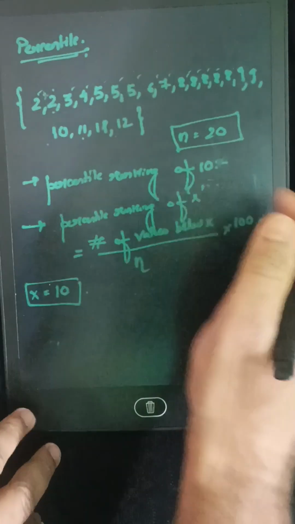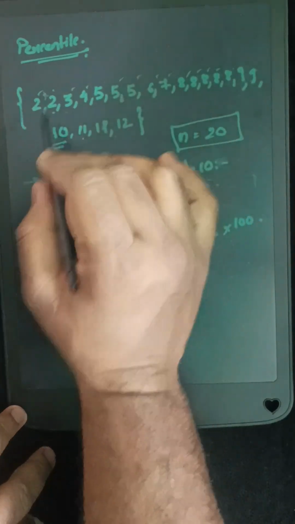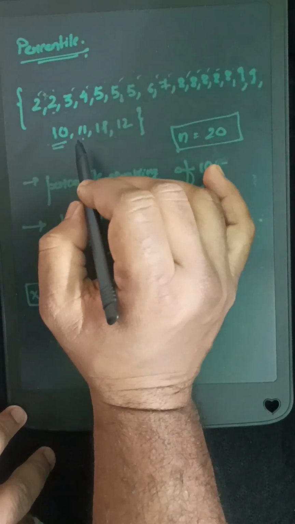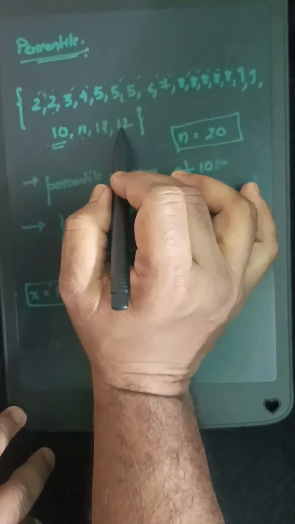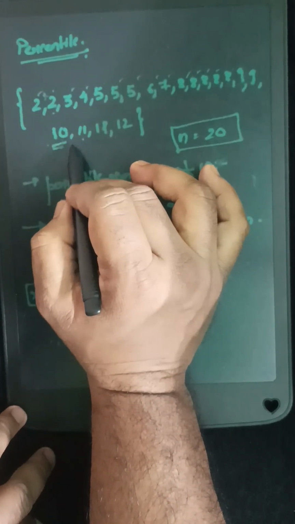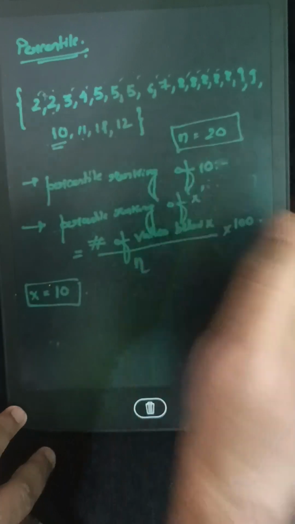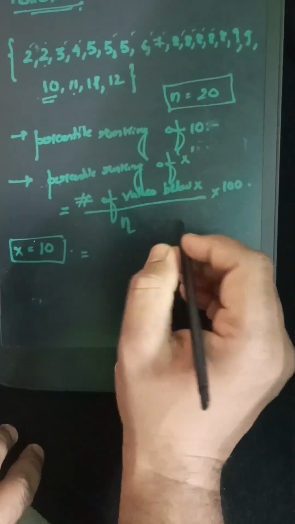So let's check where is 10. Here this is 10. We have 20 elements in our data set. So if I count 1 2 3 4, then 20 minus 4 is equal to 16. Therefore 16 is the total number of values which are below x.